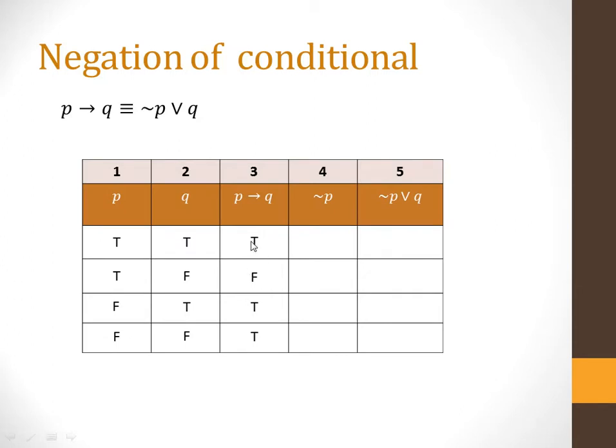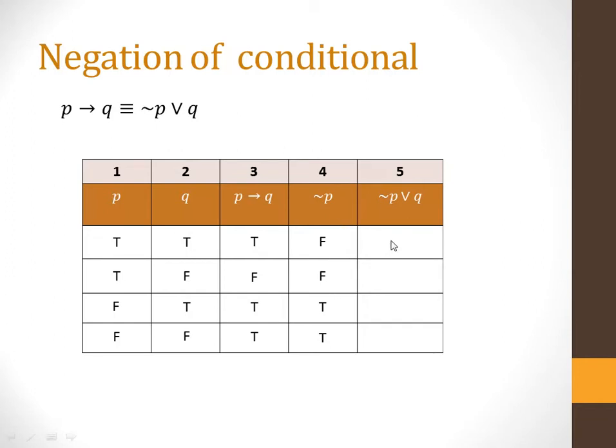So P implies Q is completed. Now we require negation P. Just write the negation of the P column: T becomes F, here also F, then F becomes T, and the last one also T. This is the column of negation P.